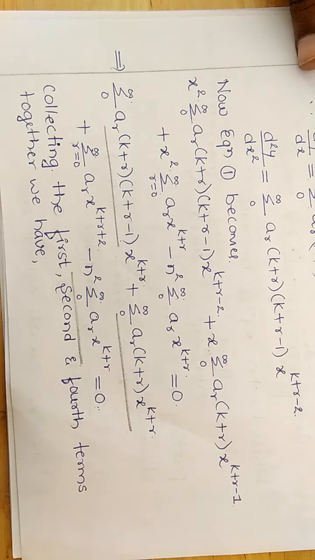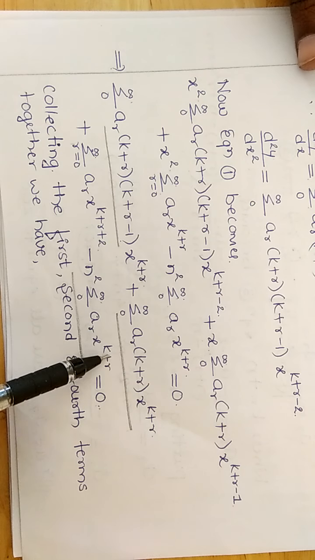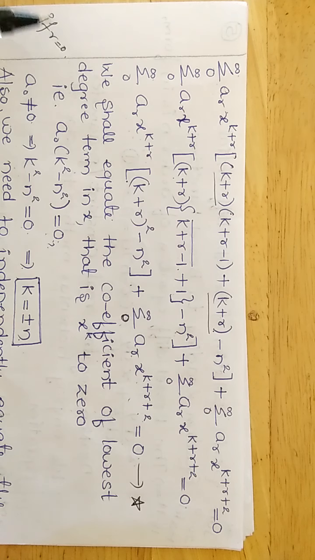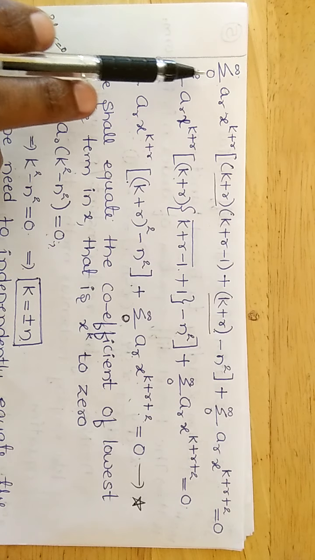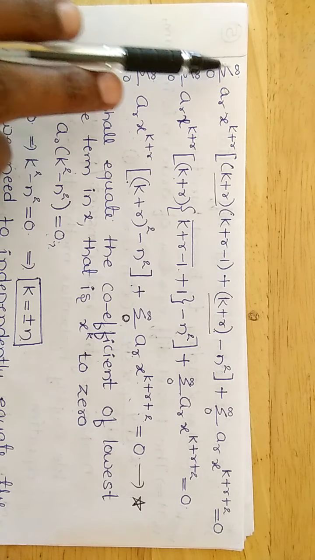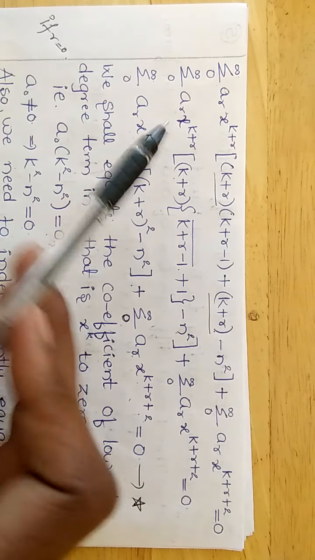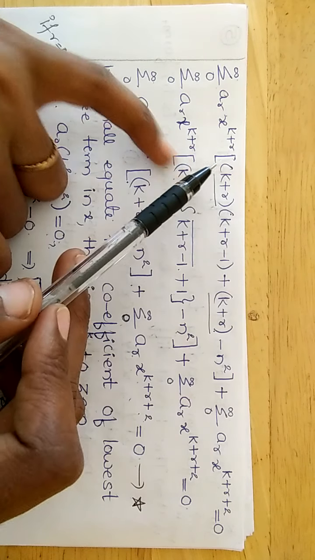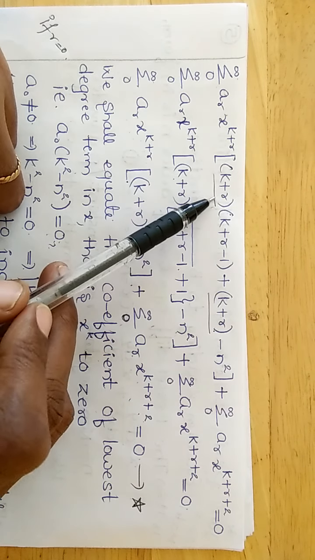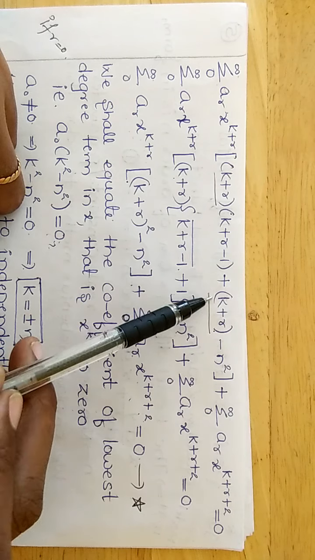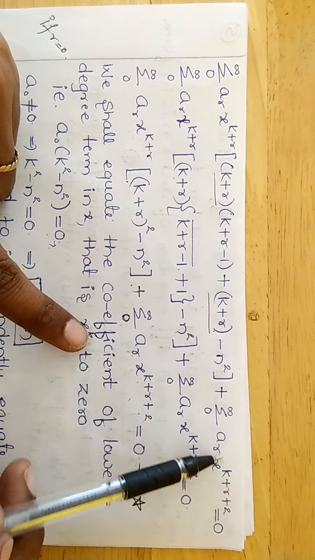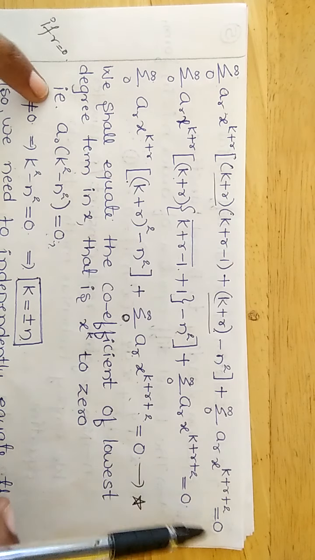So collecting the first, second and fourth term together, and take out summation r is from 0 to infinity ar into x to the power k plus r from the first term, second term and fourth term, we get k plus r into k plus r minus 1 plus k plus r minus n square, plus third term keep as it is, which is equal to 0.